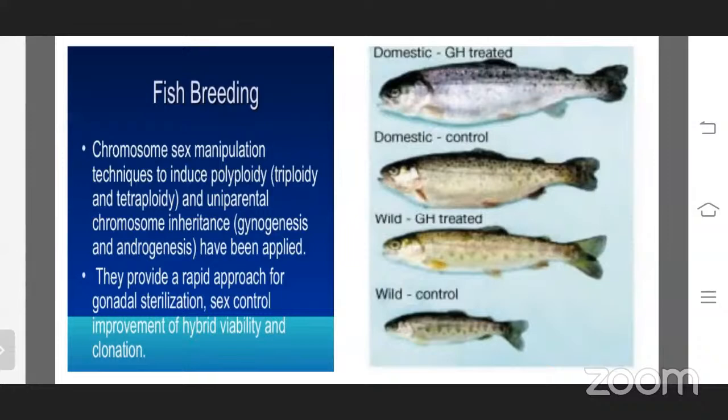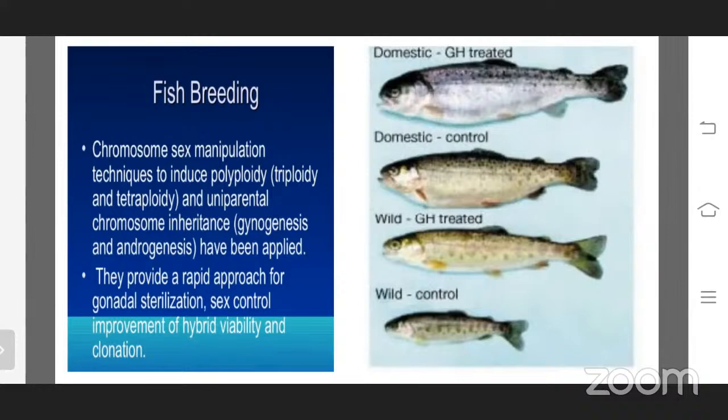See here, what we are using for transgenic fishes. Let me clarify for you. Four fishes are there, and these four fishes show different shapes.